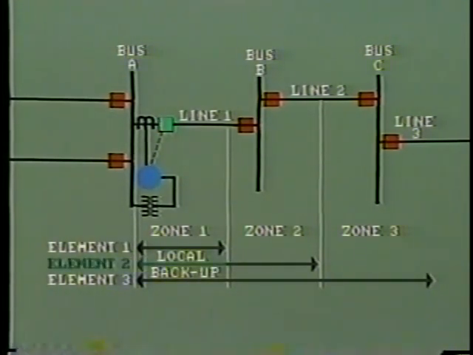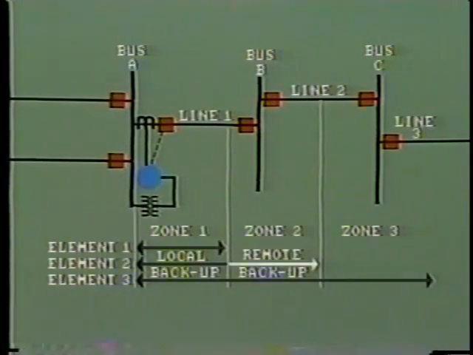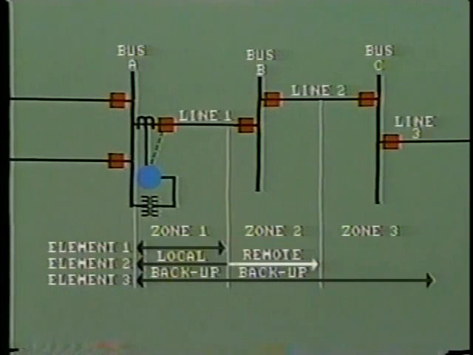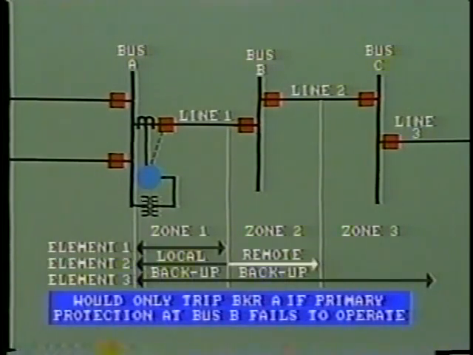That is, it would trip breaker A after a short time delay. The second element also provides remote backup in the case of a fault on bus B or out on line 2. This would only operate and trip out breaker A in case the primary protection at bus B failed to operate.